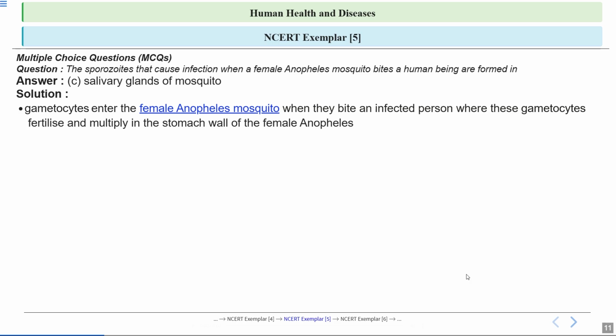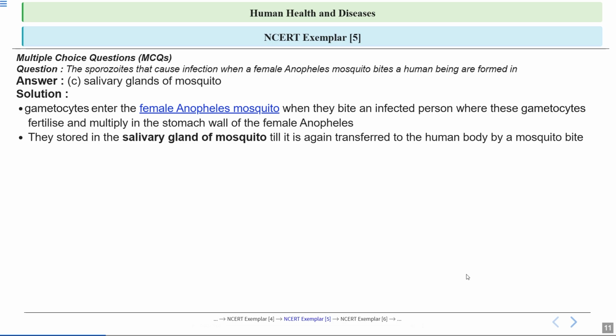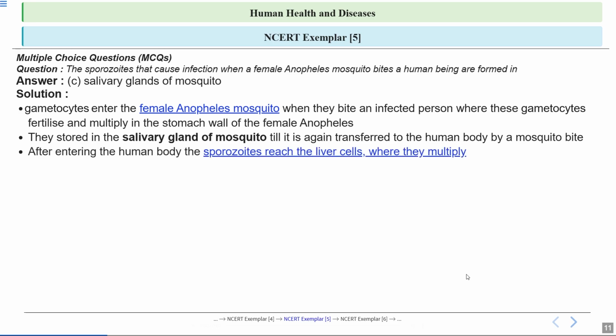After fertilization, sporozoites are formed, and these sporozoites then migrate to the salivary glands of the female Anopheles mosquito. Then when the female Anopheles mosquito bites a healthy person, it transfers these sporozoites into that healthy person.